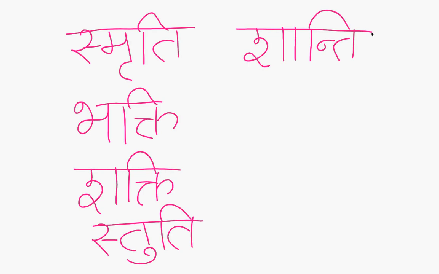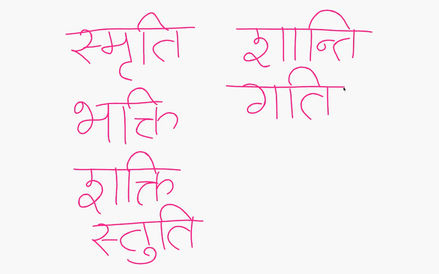Peace, calmness. Then Gati, motion. You get the idea. These words refer not to a particular object but to abstract concepts: smriti, memory; bhakti, devotion; shakti, ability; stuti, praising; shanti, calmness; and gati, motion.